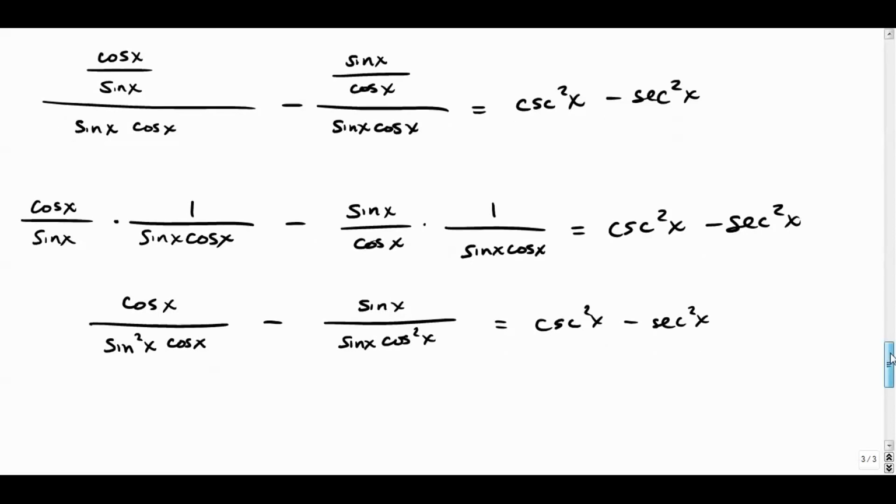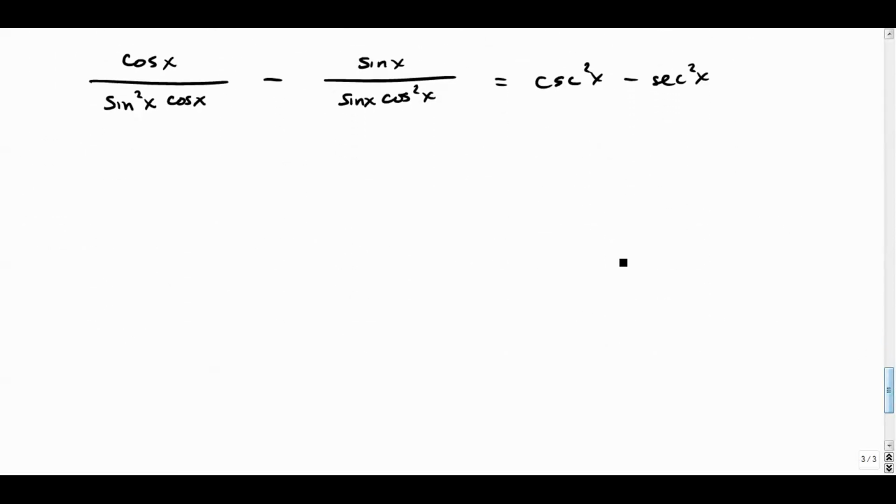Okay, I'm almost done. And this is nice, I can just simplify those. Those cancel out, and the sines cancel out, so that leaves me with 1 over sine squared x minus 1 over cosine squared x.